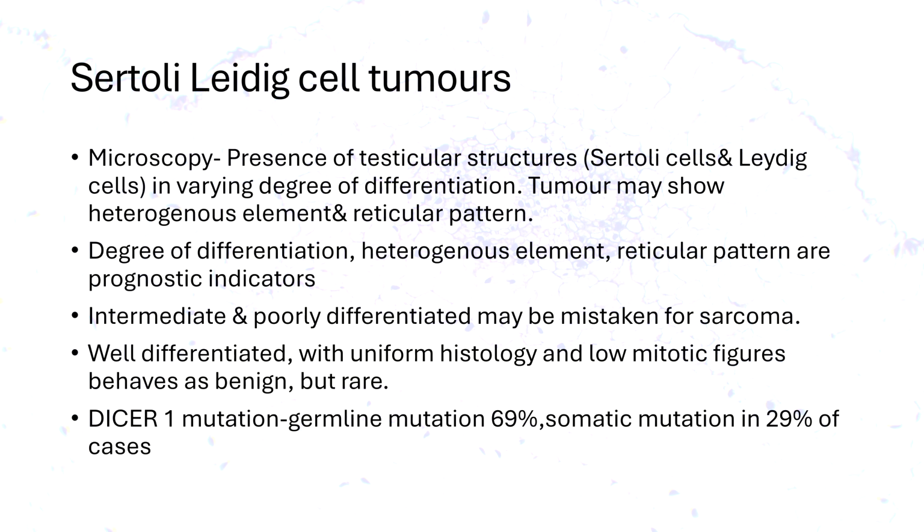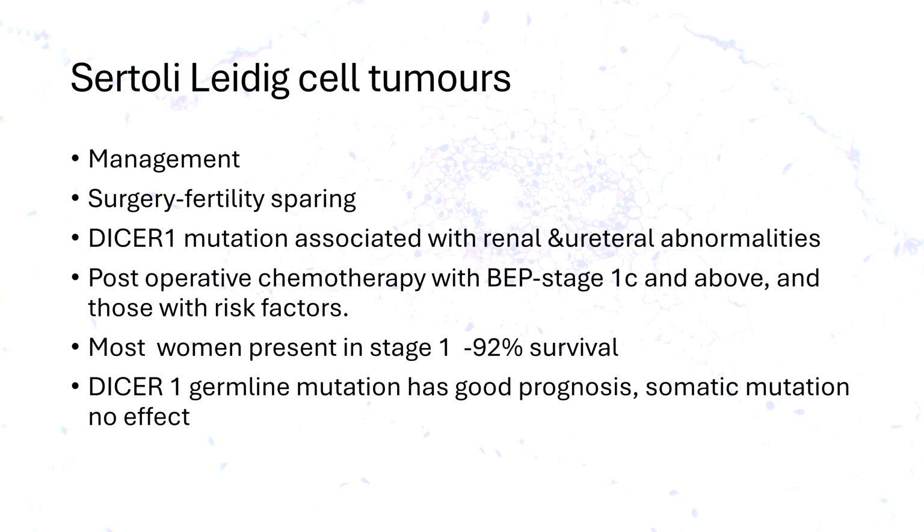Coming to the biological molecular characteristic, DICER1 mutation is seen in the majority of the cases. It can be a germline mutation in about 69% of the cases, or it can be a somatic mutation in 29% of the cases. DICER1 is responsible for gene expression by producing mature microRNA.